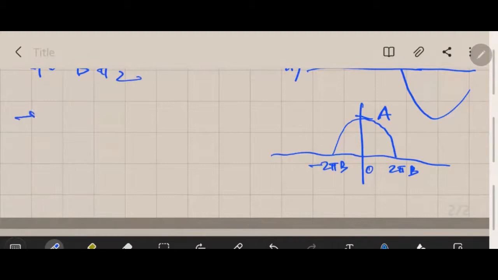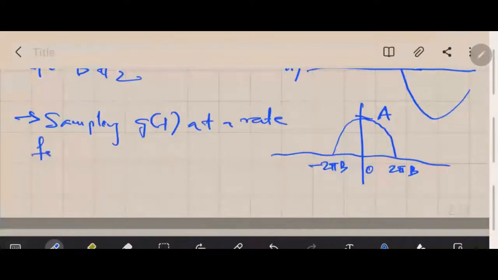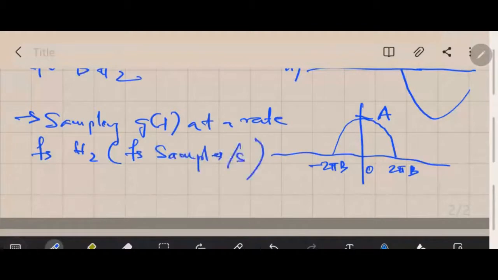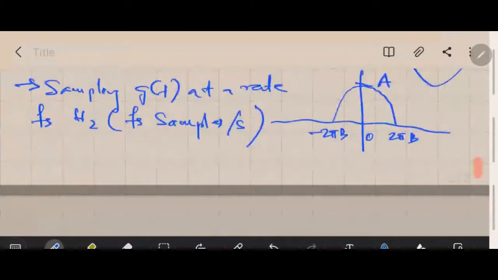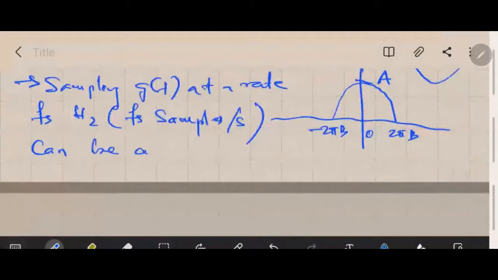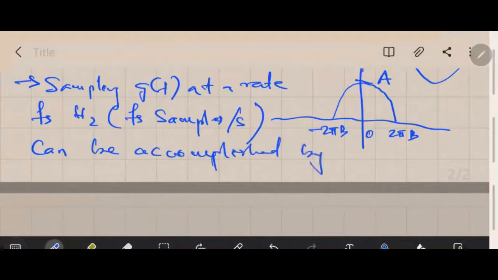So let's see. Sampling your g of t, at what rate we will be sampling? At a rate which is your Fs hertz, and that means it can be written as Fs samples per second, and it can be accomplished by multiplying g of t by an impulse train.